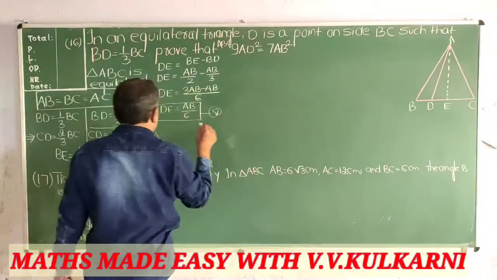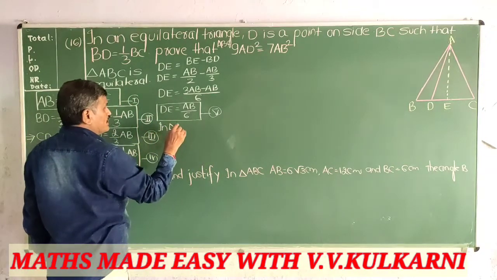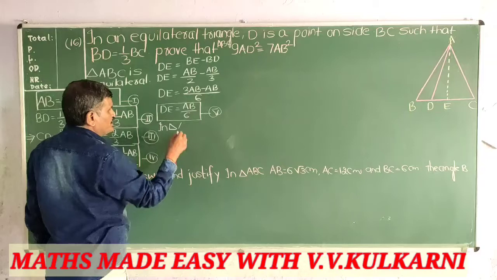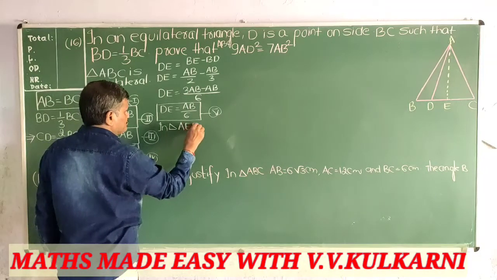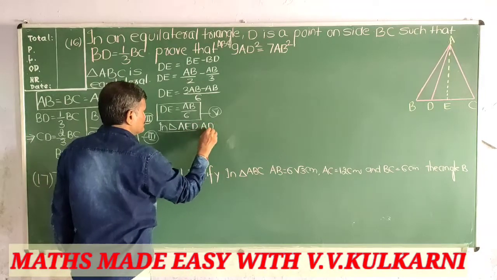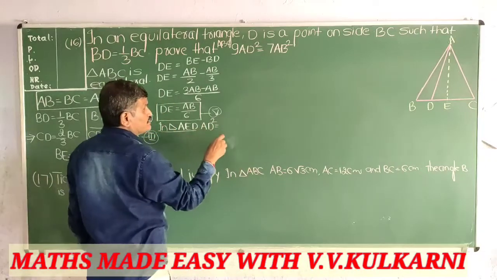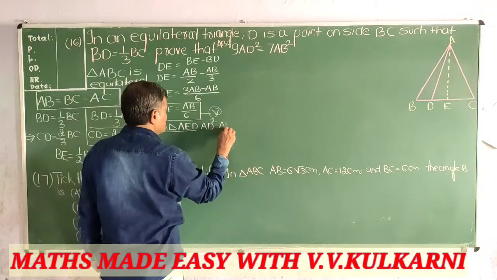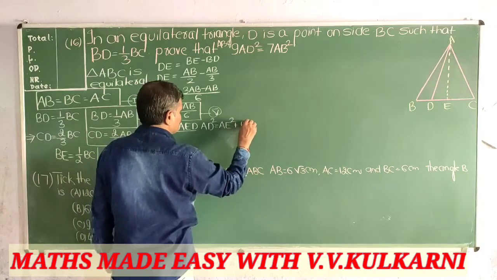So in right angle triangle AED, AD square is equal to AE square plus DE square.